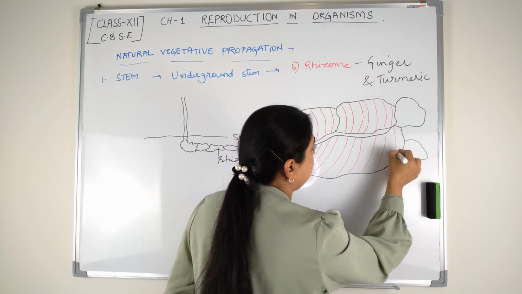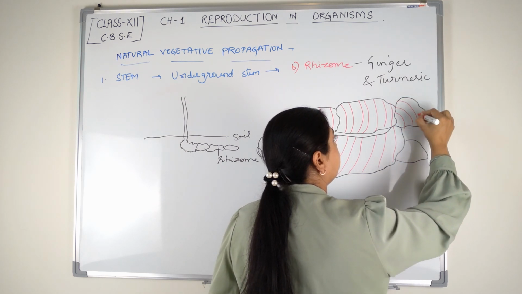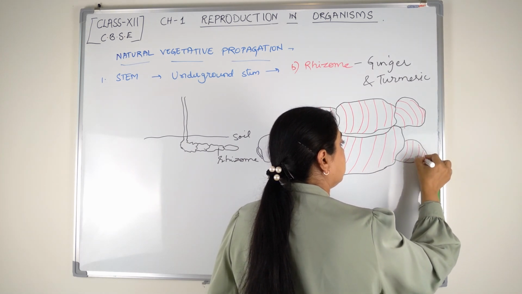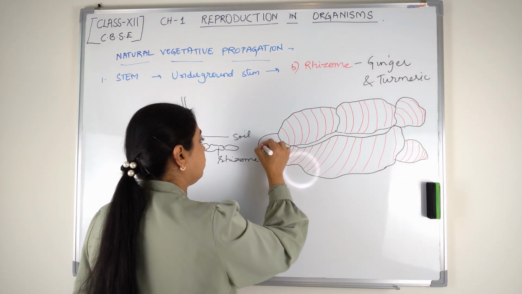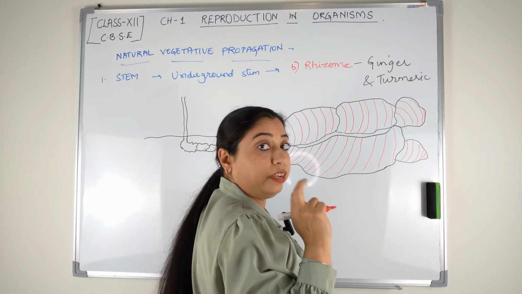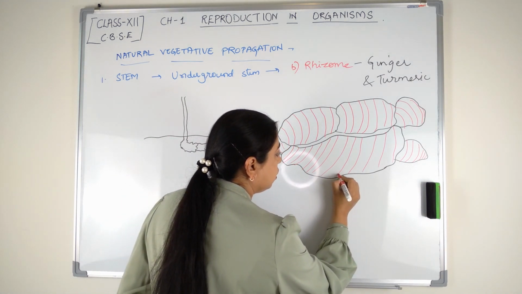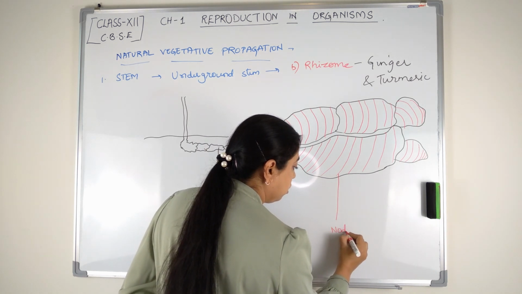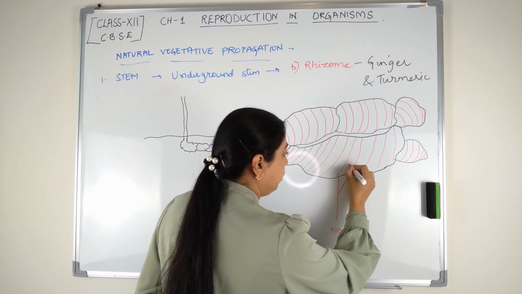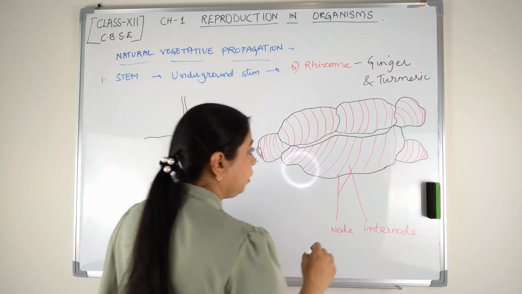So these are all nodes which enclose buds. And the space between two nodes is known as internode. So if these two are nodes, then the space will be known as internode. Right?